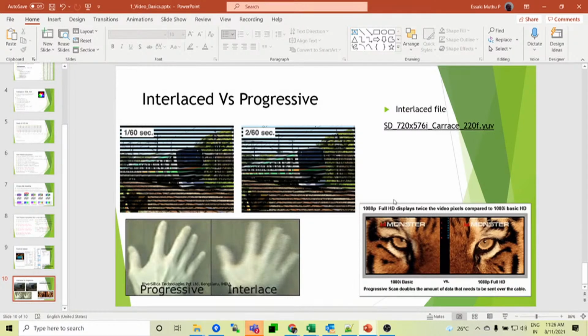But till now, as a broadcaster, we are giving you interlaced content and we are giving you progressive content also. Some channels will have progressive, some channels will be interlaced. So my another homework is, you roll a newspaper, see the TV, change the channel, and find which channel has got an interlace, which channel has got a progressive.